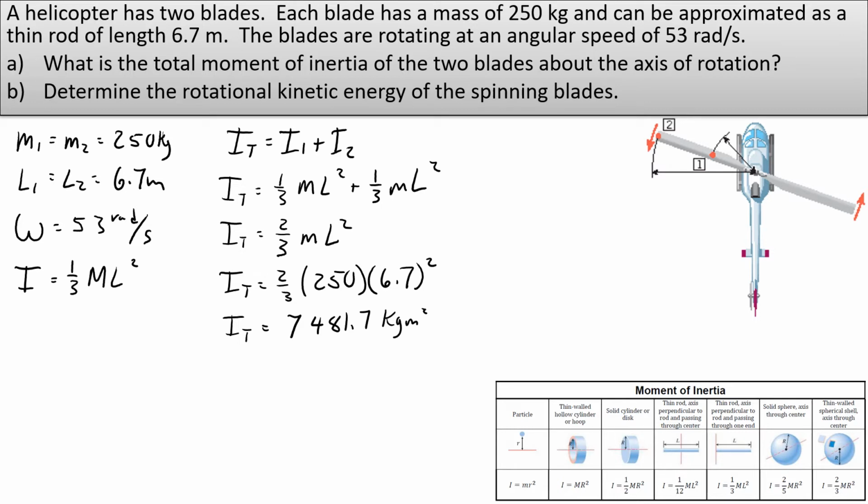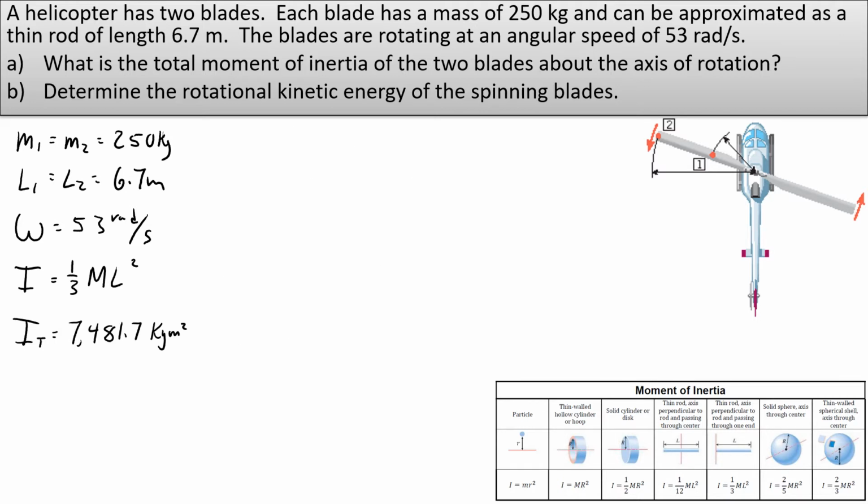So it says determine the rotational kinetic energy of the spinning blades. Let me make some room here. All right, so we have the total moment of inertia over there. Now we could treat them separately. We could say, kind of like we did before, the kinetic energy of the first blade plus the kinetic energy of the second blade.